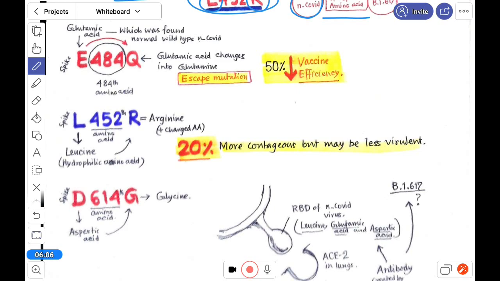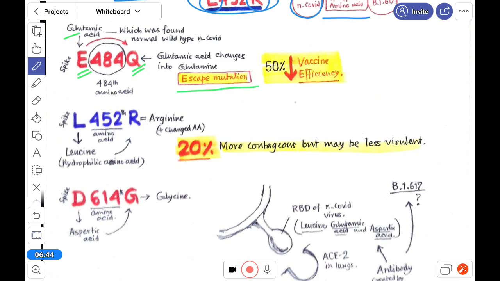Later we can discuss these three mutations. The first one, E, stands for glutamic acid, which was found in the normal wild type of COVID. It changes into glutamine. So acid changes to amide, at the 484th amino acid, and this change makes the virus able to escape from the vaccine, and for that this is called the escape mutation.